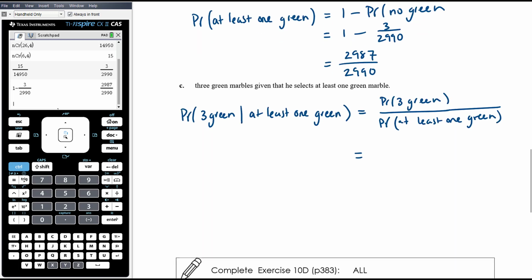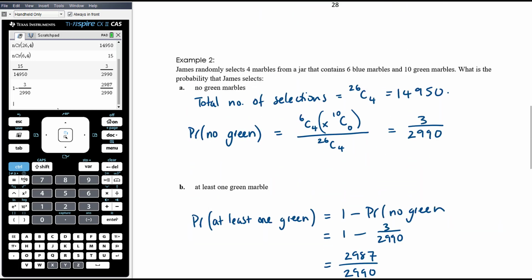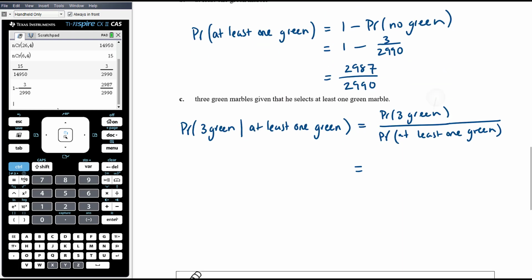Okay, so probability of choosing 3 green marbles. Now, it's really important. Sometimes people go, okay, well, choosing 3 green marbles is just, sorry, how many greens do we have? 10 green. It's just going to be 10 choose 3 out of 26 choose 4. But the problem is, if you're choosing 3 greens, you still need to choose 4 marbles.